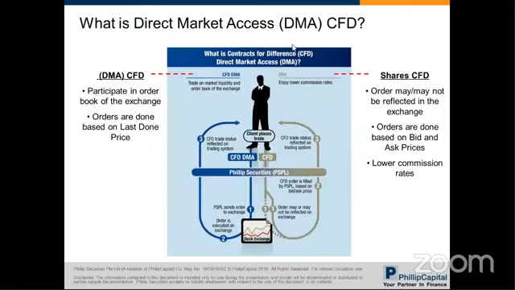When you look at the normal shares CFD, we also mentioned this thing called direct market access. So what is this DMA CFD about? The difference between the two is that DMA allows you to participate in the order book, that means in the exchange. When you place the order through the DMA, you can see your order being reflected in the exchange market depth.